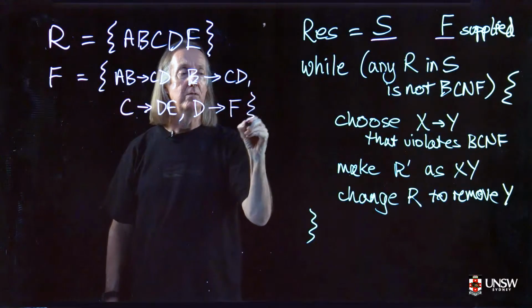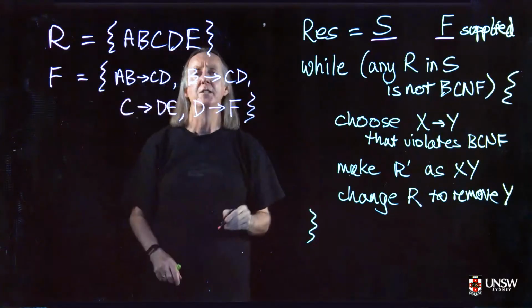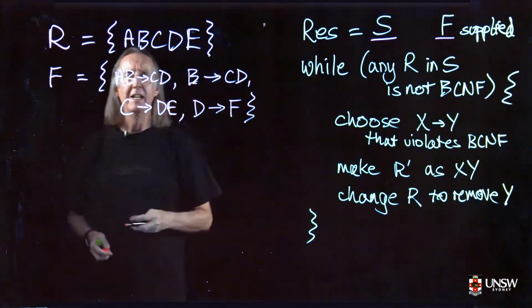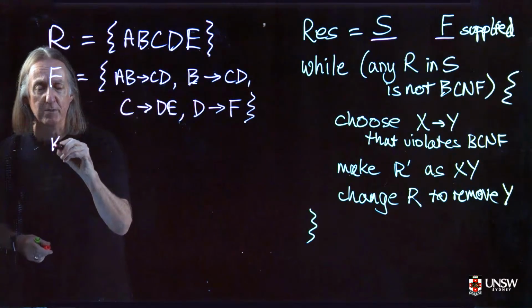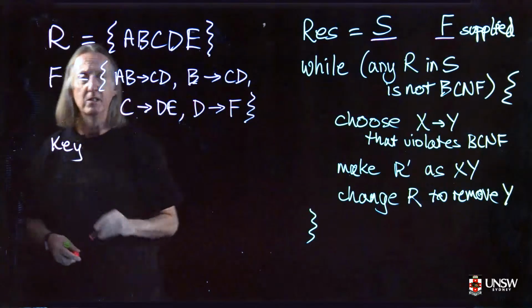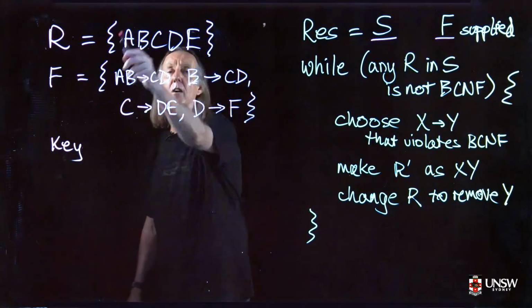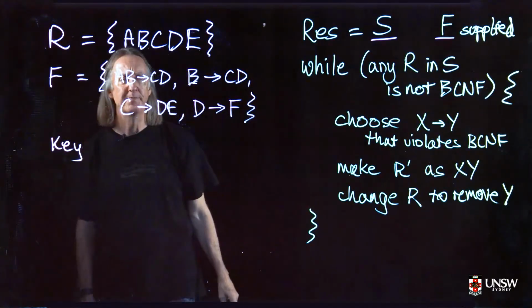All right, so our initial schema, single table of 5 attributes, and this set of functional dependencies. So first thing we need to work out is what's the key of this table.